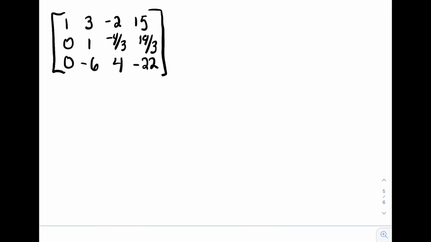So now that we have our second pivot, we're going to want to turn everything beneath it into 0. So that means this negative 6 right here. We're going to do that by applying a row 3 operation. That's going to be a positive 6 times row 2 plus row 3.